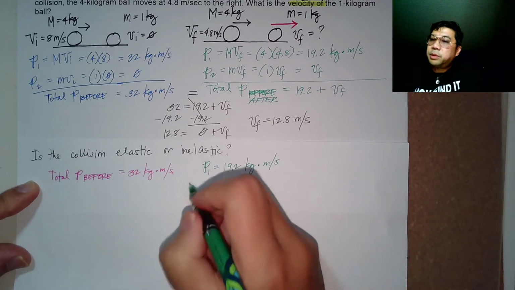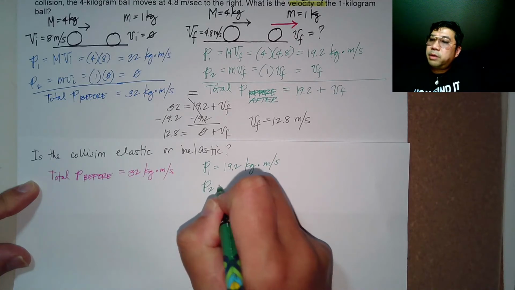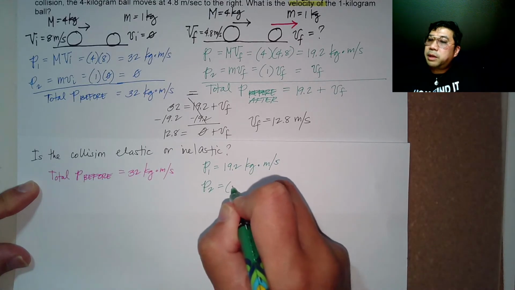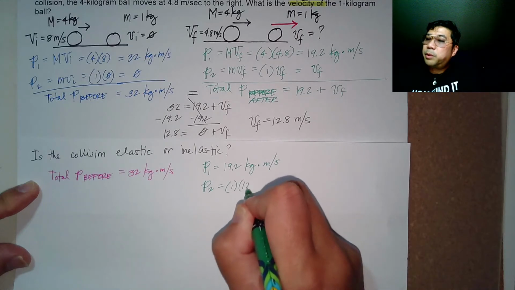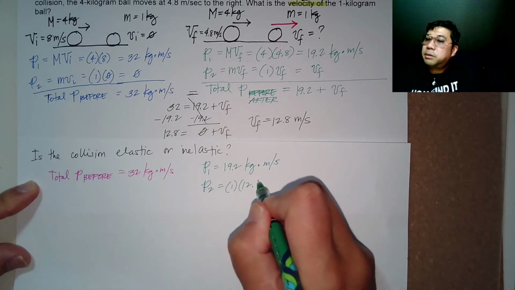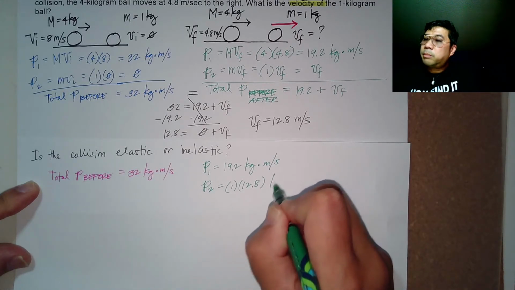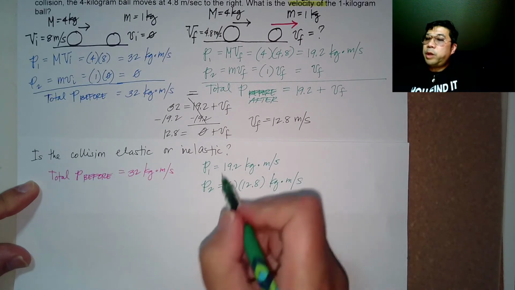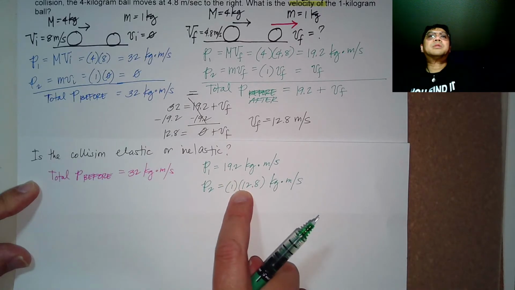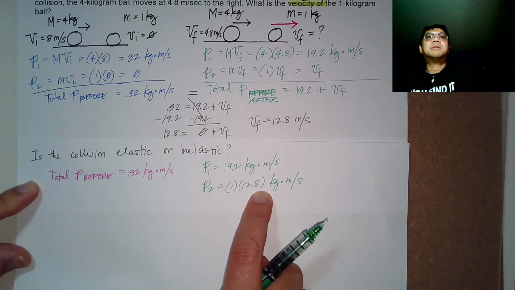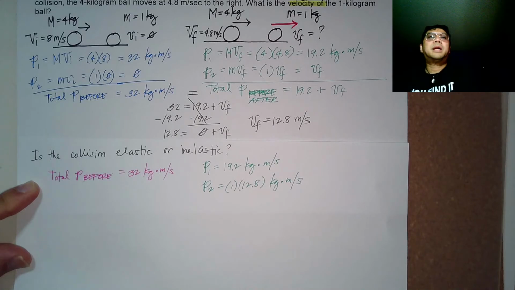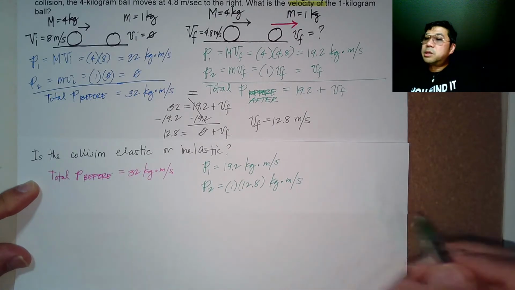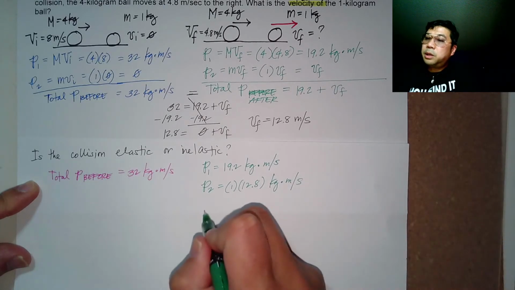Now for the second one, now that we know the value of velocity, we can just plug it in. So that is 1 multiplied by 12.8 kilogram meters per second. When you add 19.2 plus 12.8, that's 0, carry 1, so that is 2, that means 32.